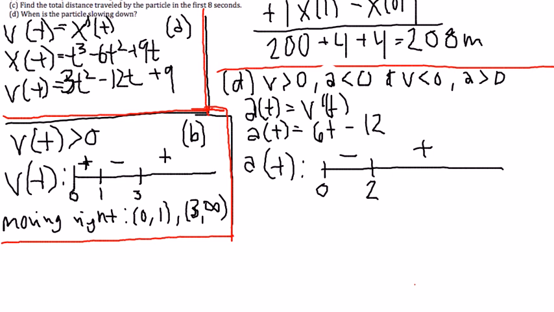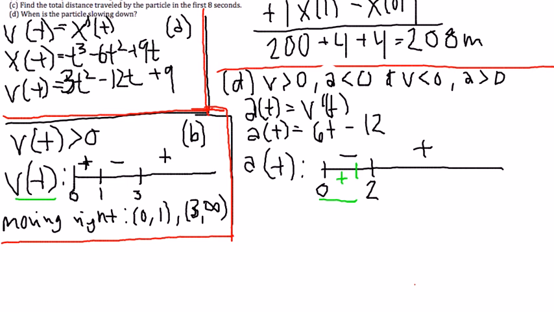So we have to look back at v of t here. Let me write in a different color. I'm going to put v of t in green on this acceleration timeline. So we said from 0 to 1 in v of t that it's positive. So we definitely know that for this interval, it's slowing down.